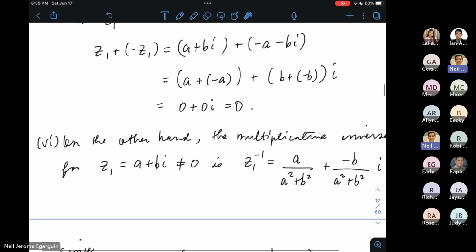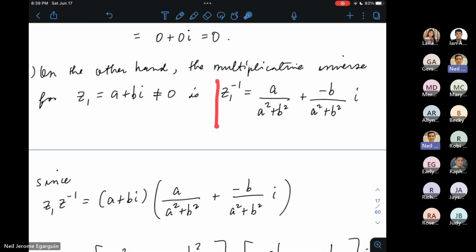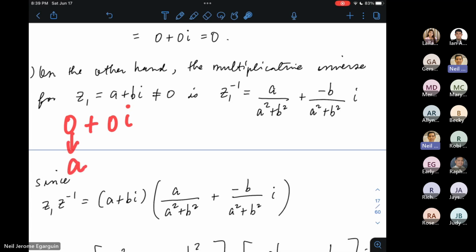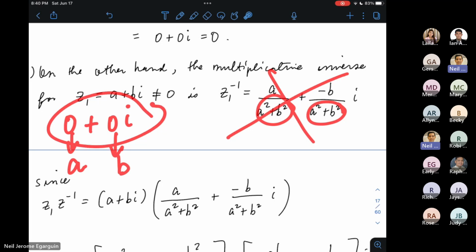The multiplicative inverse is more difficult. This is my guessed formula for the multiplicative inverse. So, if I have A plus BI that is not equal to the additive identity, not equal to 0, which is 0 plus 0i, this is what its inverse looks like. And we can see that this formula will not apply to 0 plus 0i. Because for 0 plus 0i, our A is 0 and my B is 0, so the denominators will be 0. So we can't really use this formula for 0 plus 0i, the additive identity.